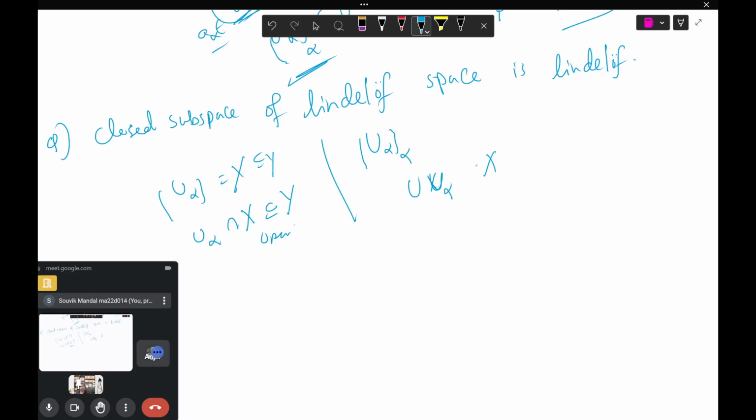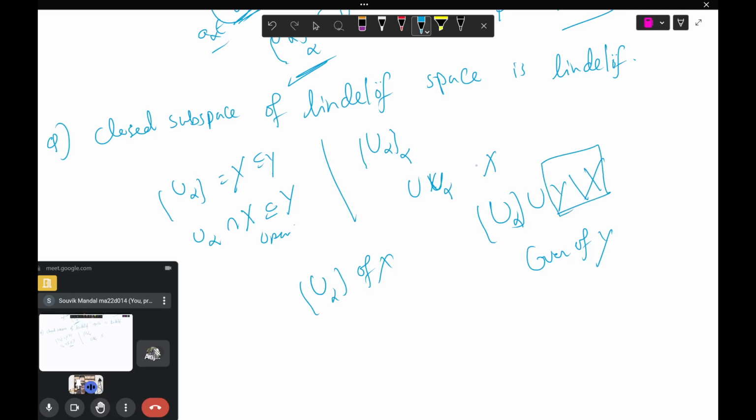Now the argument is as follows. If U alpha is an open set of X, then this collection U alphas union Y minus X is a cover of Y, correct? Because Y minus X is open, right?